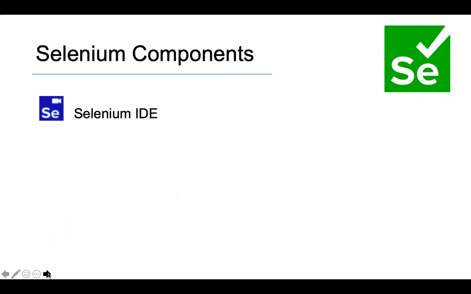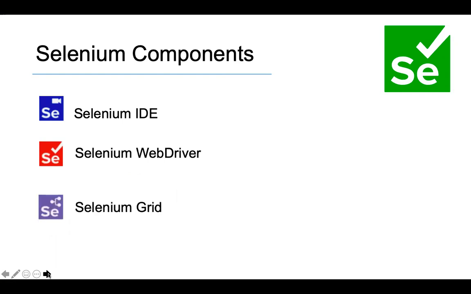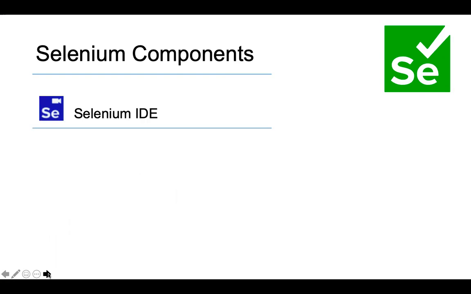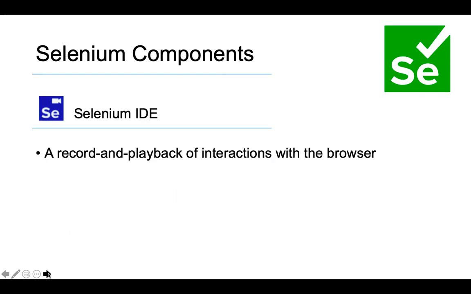Selenium components. Coming to Selenium components, there are three components: Selenium IDE, Selenium WebDriver, and Selenium Grid. So what is Selenium IDE? Using IDE we can record and play back the interactions performed on the browser. Whatever actions we perform on the browser can be recorded and played back.